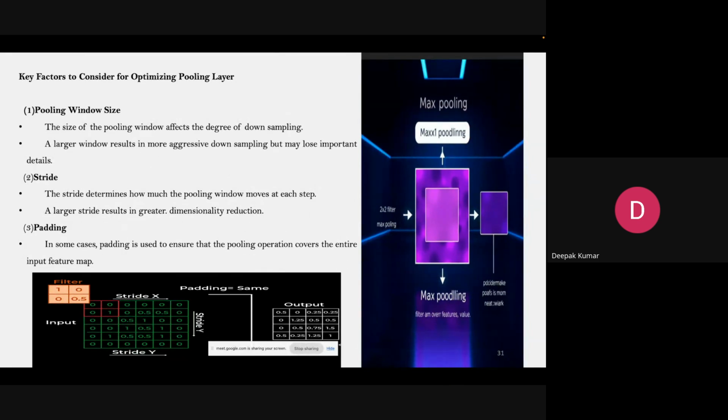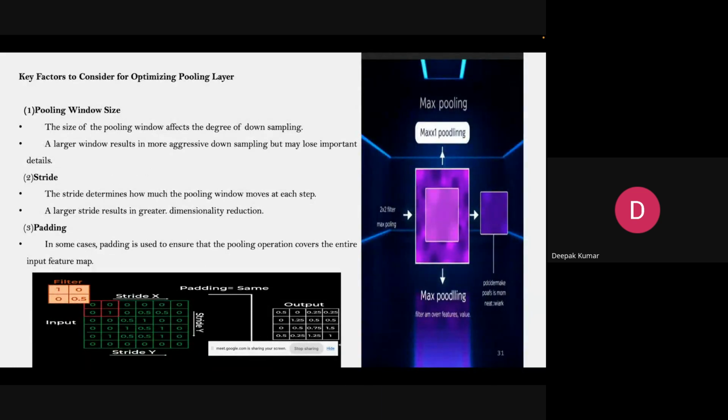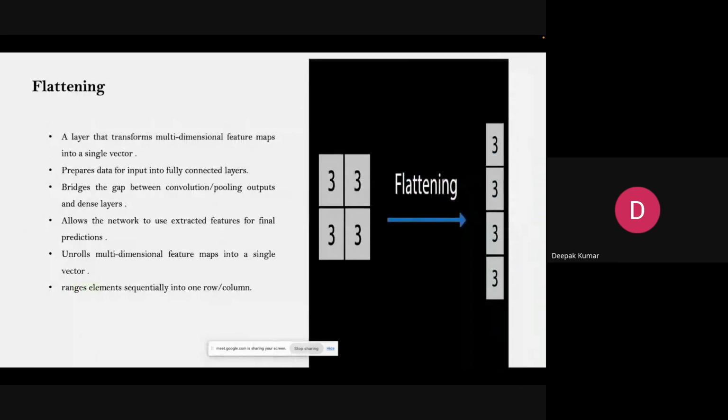Correct? If we take a stride of 2, then we start moving rightward or downward by 2 columns or 2 rows. So everywhere, please keep in mind, it is in the denominator, so it directly reduces the size by whatever you have taken, right? And it's very important when we extract the features from the data. If it is clear till here, then we'll move to the flatten layer.